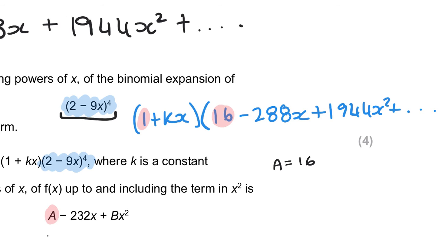Okay, then we know the coefficient of x, so I'm just going to write x here, okay? But I mean the coefficient of x. How can I ever do that?